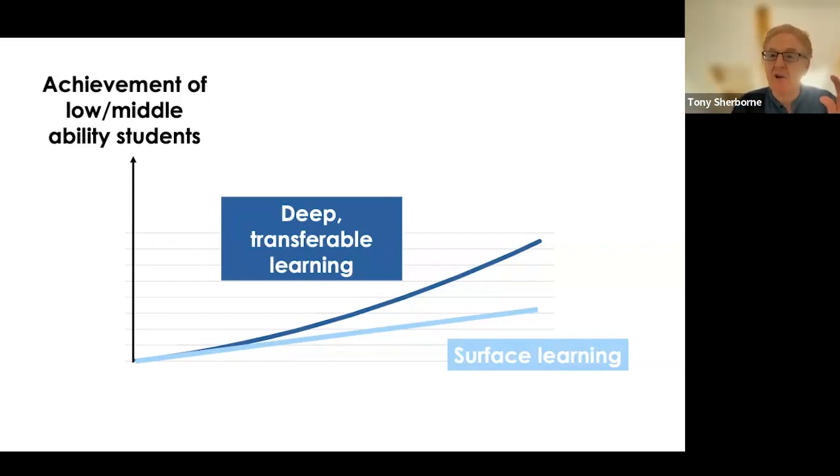Whereas the deep and transferable learning approach is trying to aim specifically at the cognitive processes that the better students already have, but the weaker ones struggle with. And if you train those, and we think you can, then they're more likely to actually become more able over time, which would, of course, increase their ability in a more exponential rather than linear way.